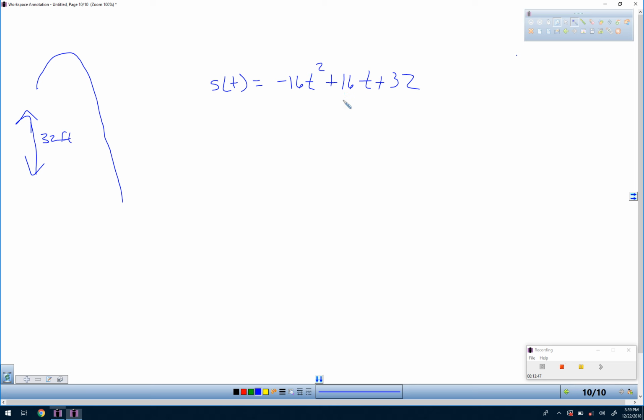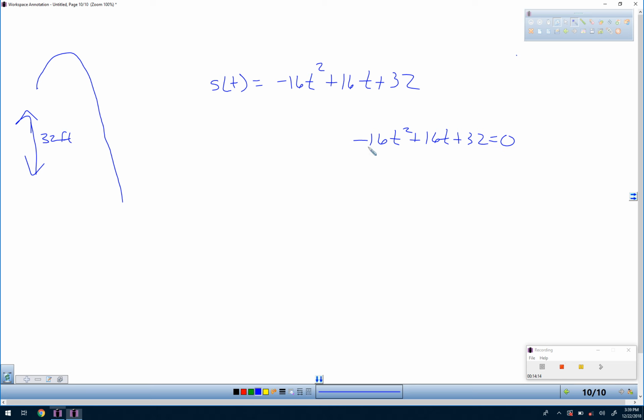So what if I ask you to tell me, first of all, when does the diver hit the water? Well, the diver hits the water when the position is 0, so that's easily solved without calculus, just by taking the position function, setting it equal to 0 and solving for t.